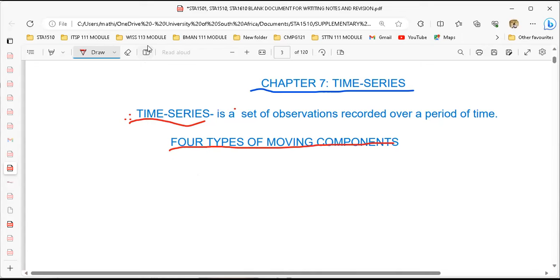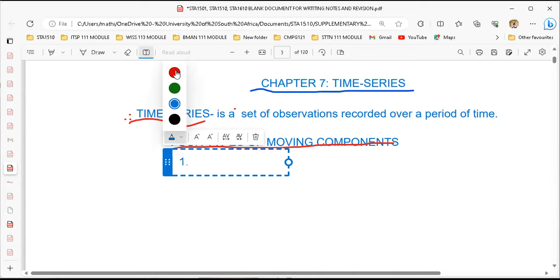Number one, we have what we call the long-term movement component.